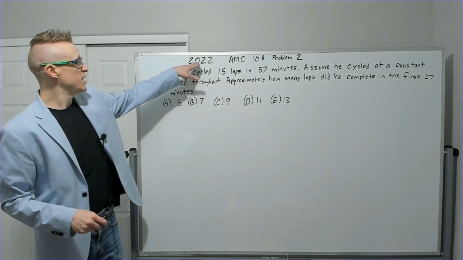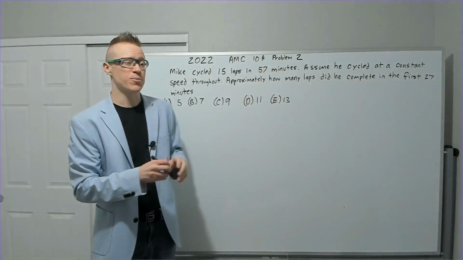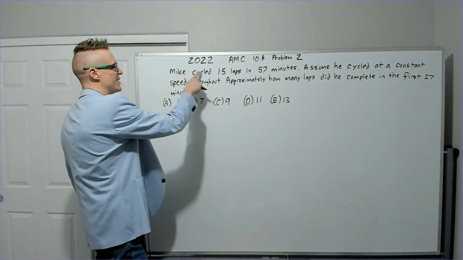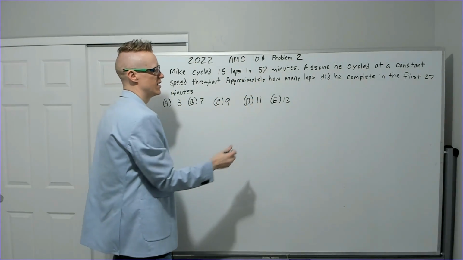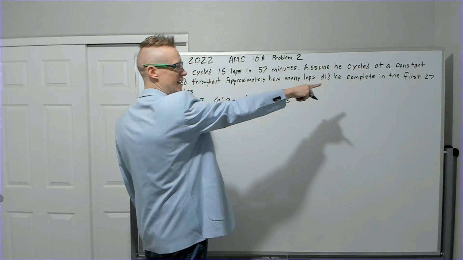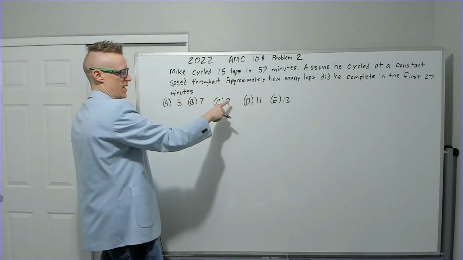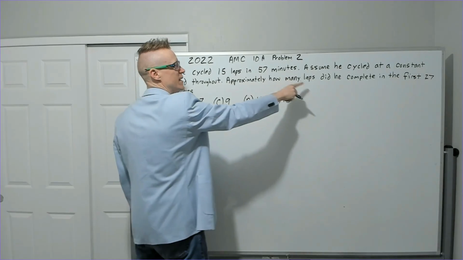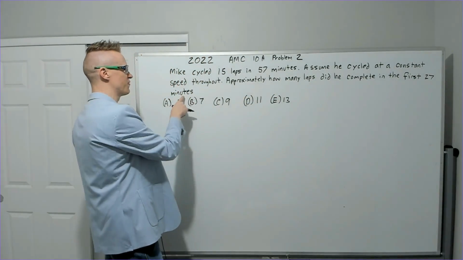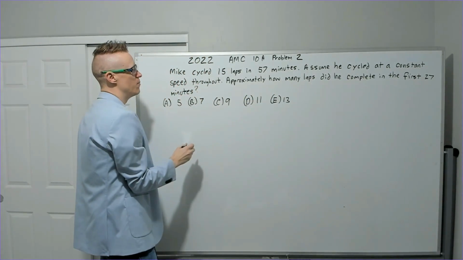Then we get on to 2022 AMC 10A problem 2. Mike cycled 15 laps in 57 minutes. Assume he cycled at a constant speed throughout. Approximately, meaning we're not going to get an exact, how many laps did he complete in the first 27 minutes?